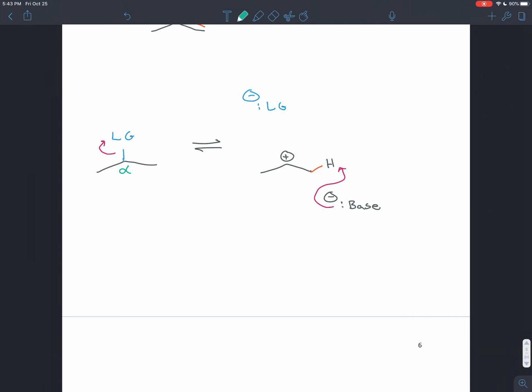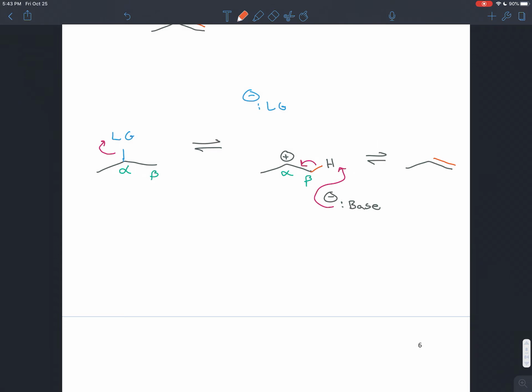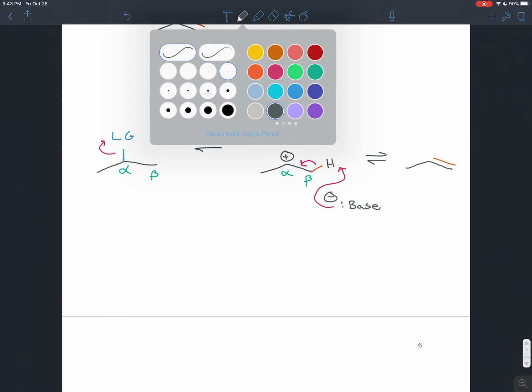Remember, the carbon that has the leaving group on is the alpha carbon, next door is the beta carbon, and the hydrogens that are on that carbon are called the beta hydrogens. So if you have that, then the electrons that were keeping the hydrogen there can go to stabilize that positive charge. And so you still form that alkene.